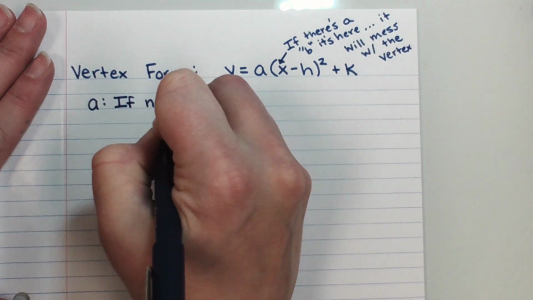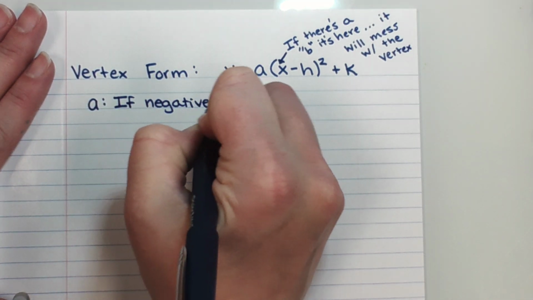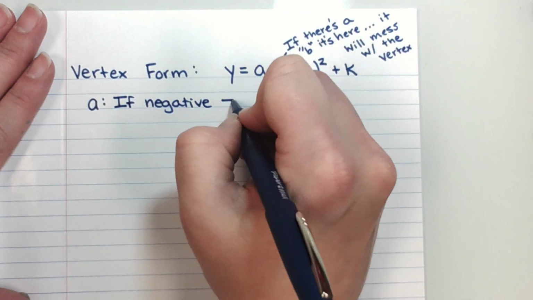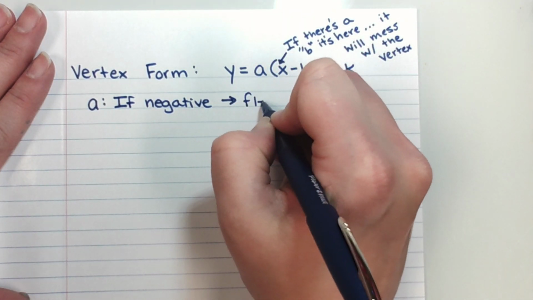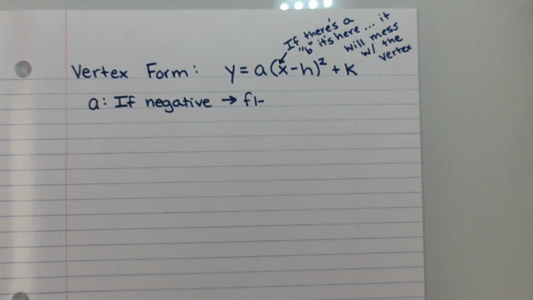If A is negative, it will reflect across the x-axis. I don't know why I started that with an F. Actually, I do. I started to write flip, but I would rather write the word reflect.